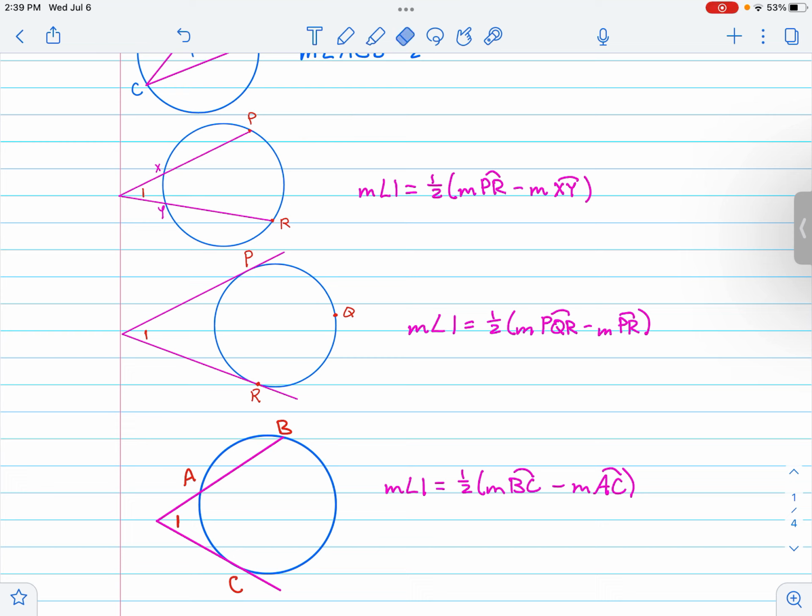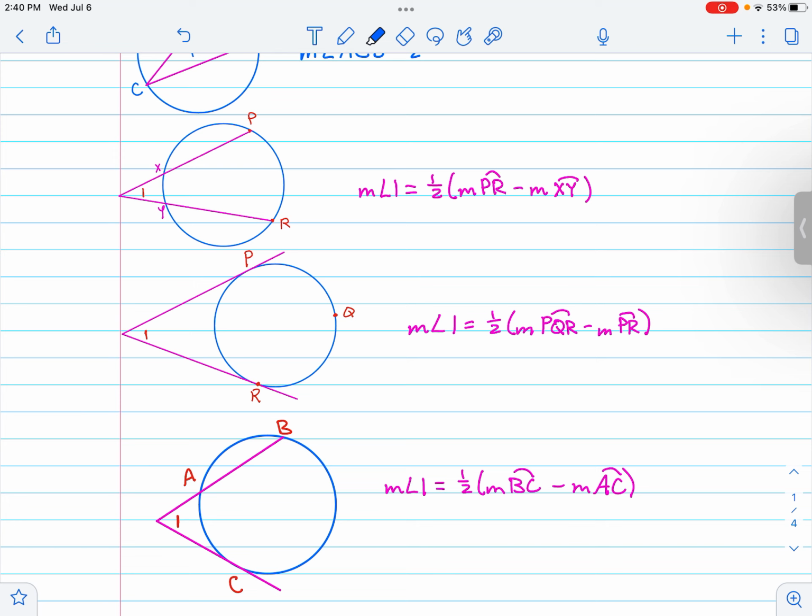That one's going to be 1/2 of the measure of this arc minus the measure of that arc, 1/2 of that difference. That's when you have two secants.